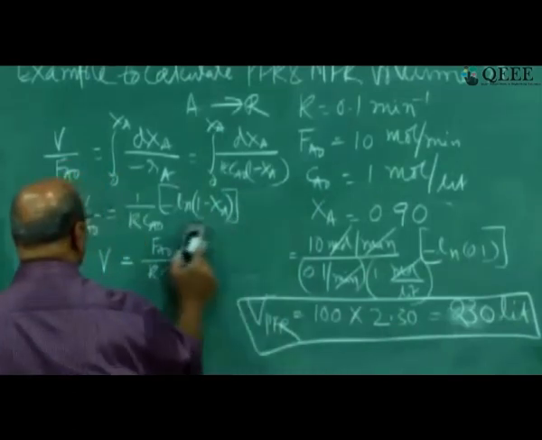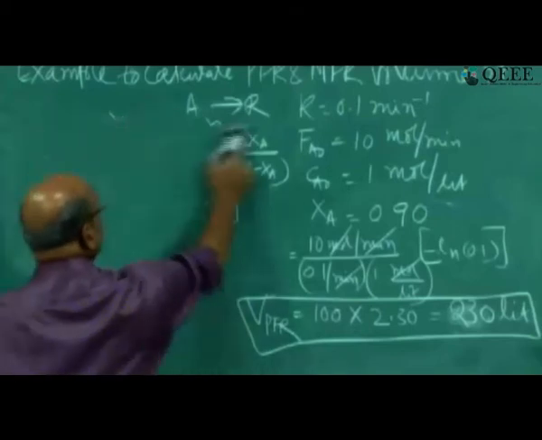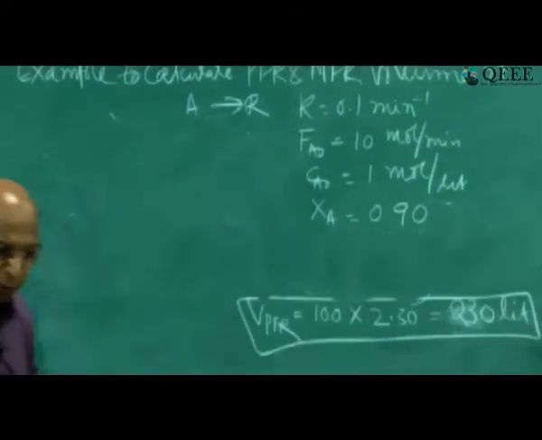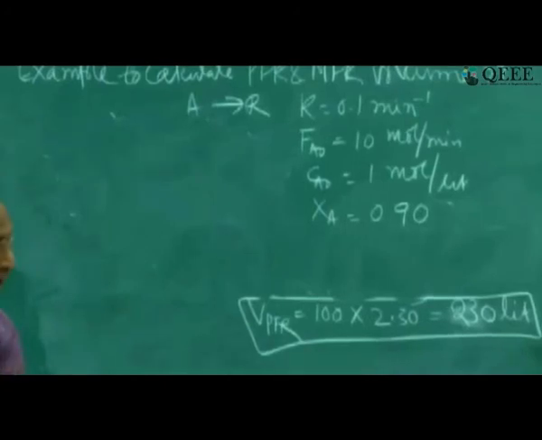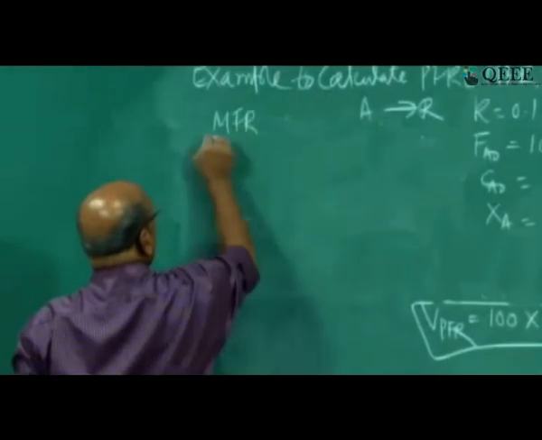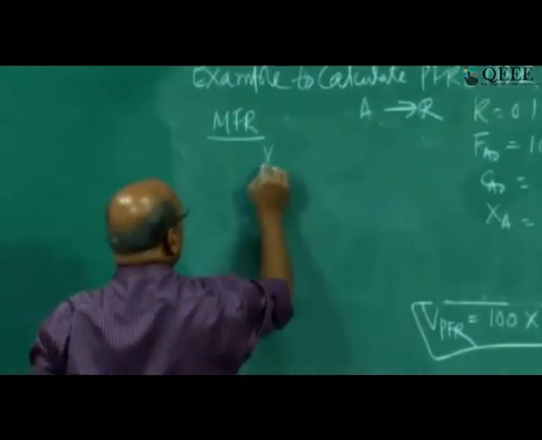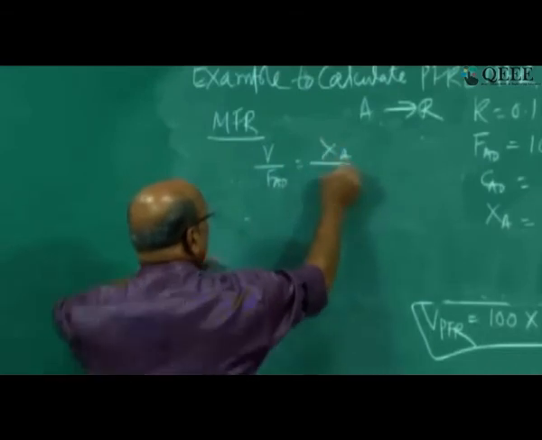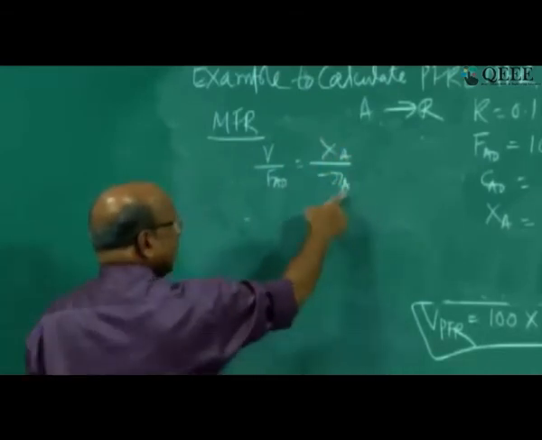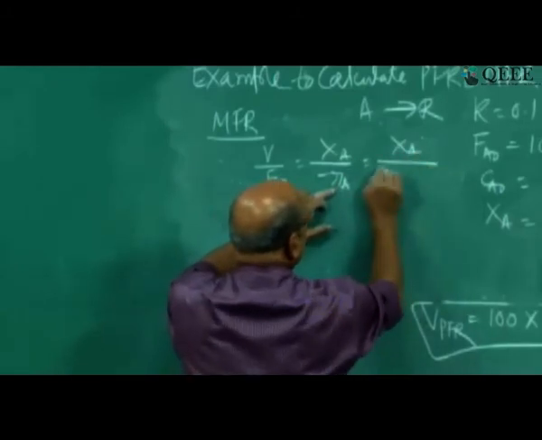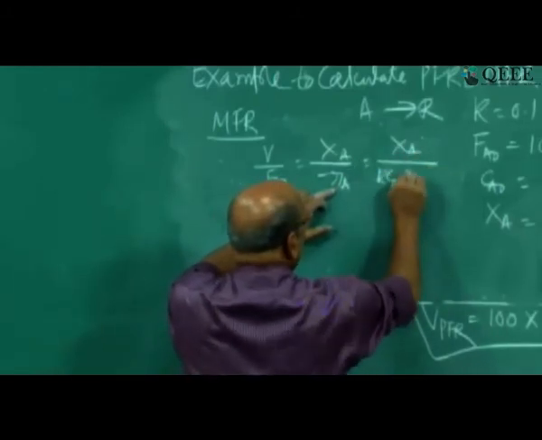Now let me do it for the mixed flow reactor, MFR. Same data for the mixed flow reactor. But now what is the design expression for the mixed flow reactor, MFR? Just now we have derived that it is V by Fa0 equal to Xa by minus Ra. Again, minus Ra with all these conditions is nothing but K Ca0 into (1 minus Xa).